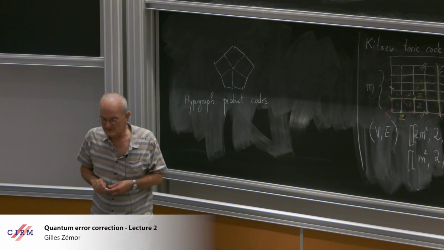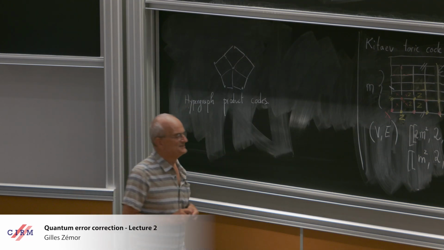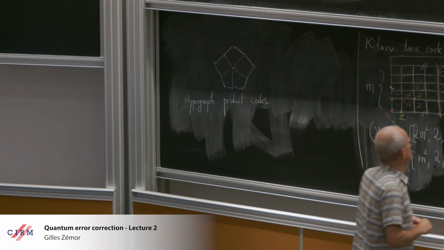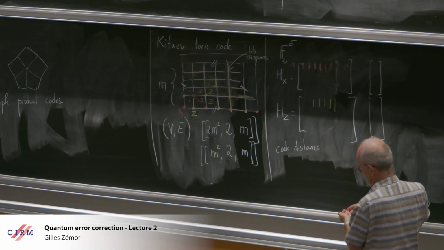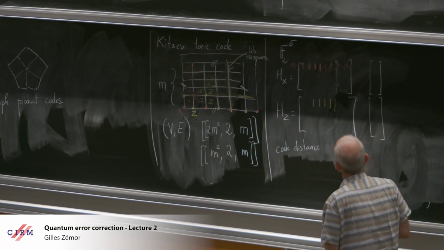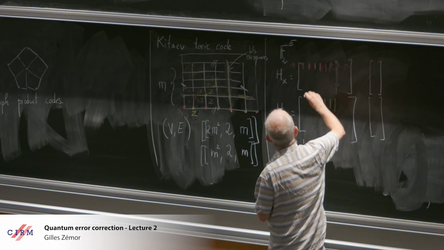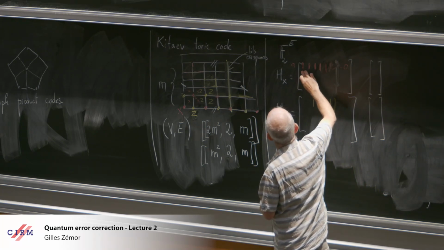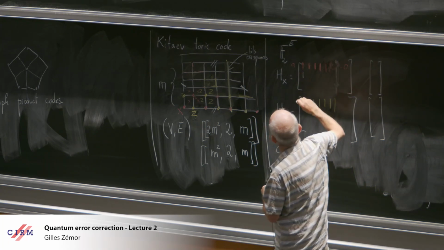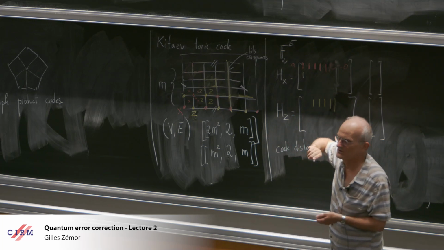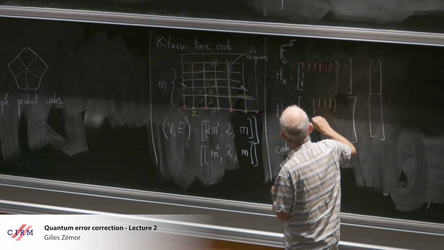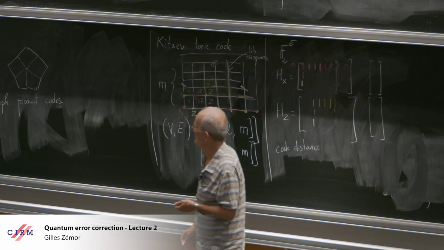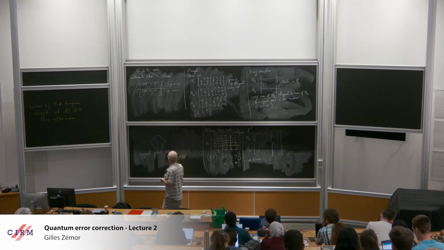I'm going to be out of time, so I can't describe the construction completely. These codes try to go from 2 1s per column to more than 2 1s per column, say 3 1s per column. And the idea is to use some product construction.